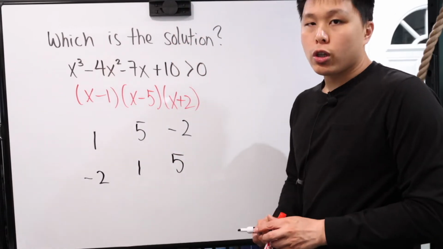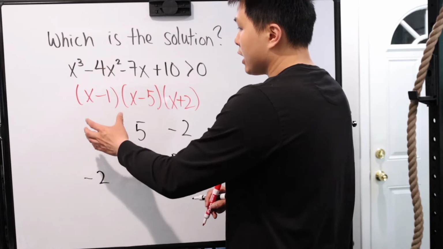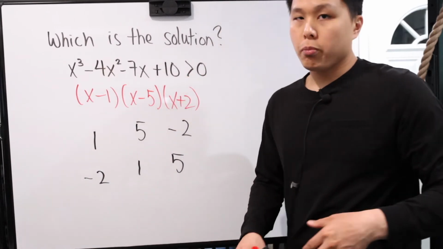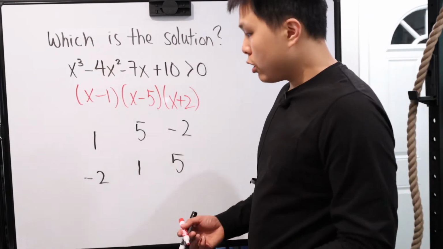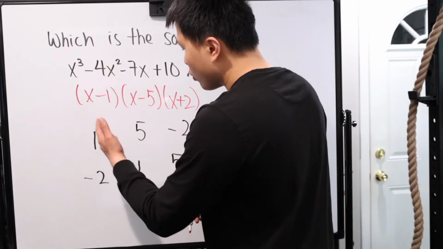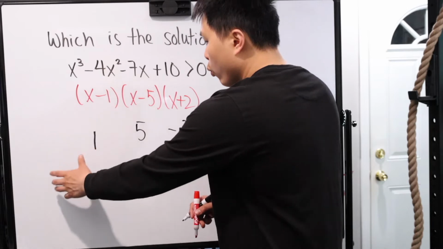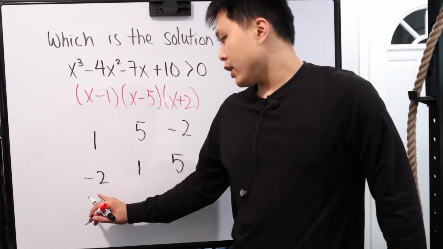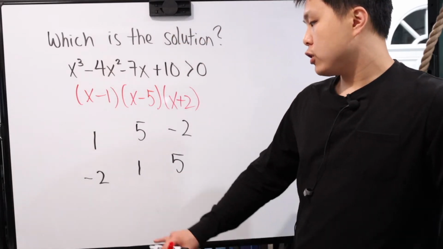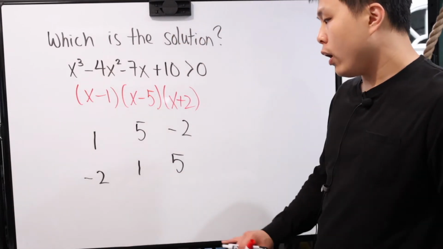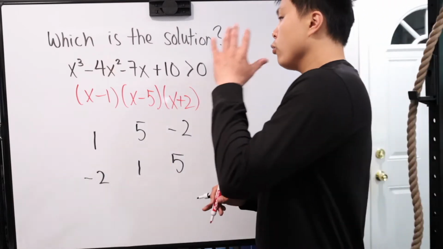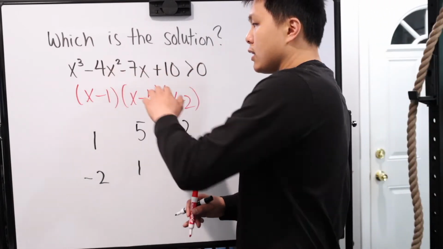And then afterwards, you start plugging in numbers to test out, because these three factors, we want it so that it's greater than 0, meaning positive. So if we are able to test out with different numbers, we can see which area between these segments, right? Everything that is less than -2, everything between -2 and 1, everything between 1 and 5, and everything greater than 5, right? We want to see which one works so that this entire statement is true.